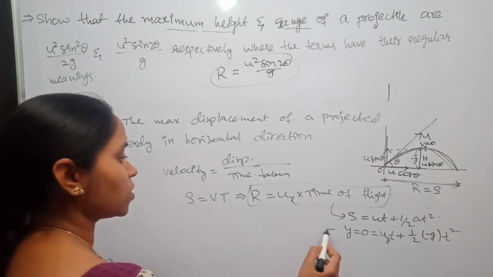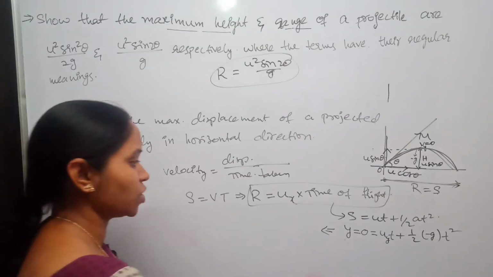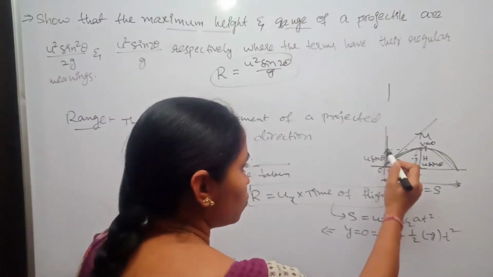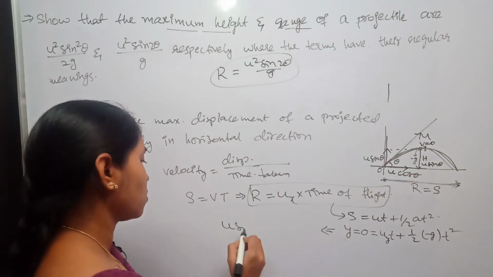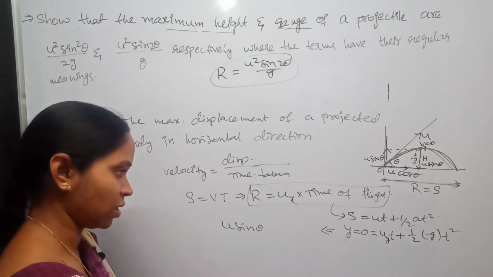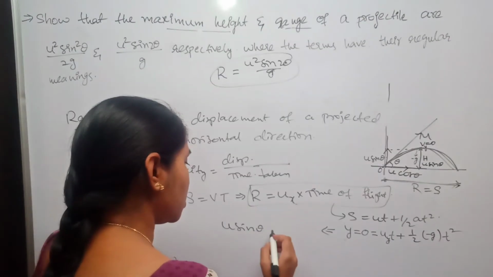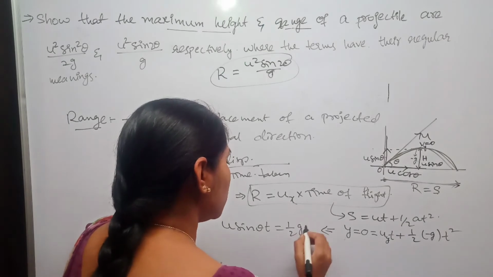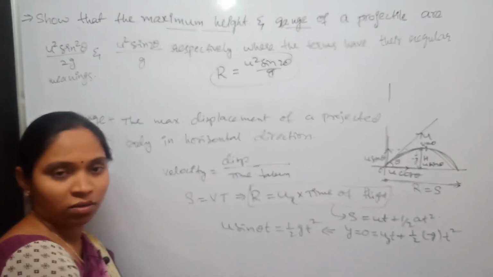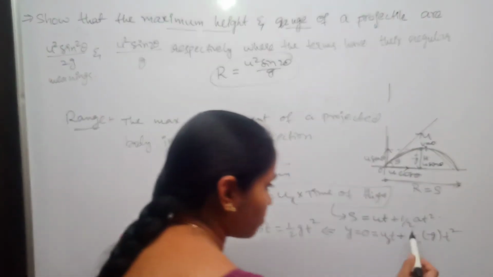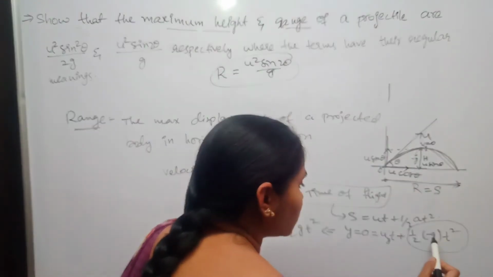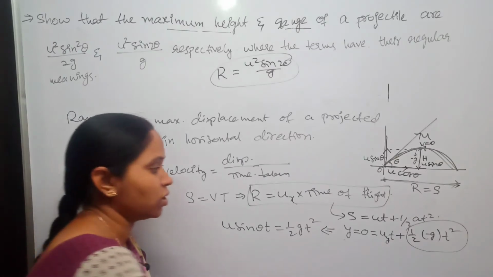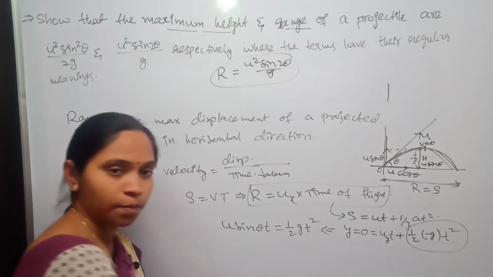From this equation, what is uy? We have uy is u sin theta, right, into time t is equal to half gt square. I just bring this half gt square towards the left hand side, so that this minus will become plus.